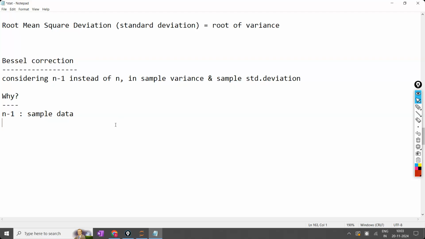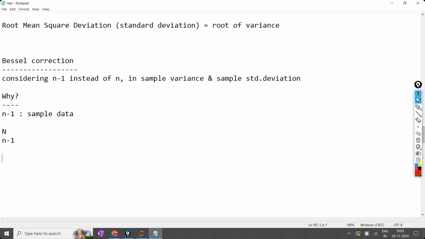The entire data is n. N minus 1 means a minimum of one record is missing in the overall data. N minus 1 is called sample.